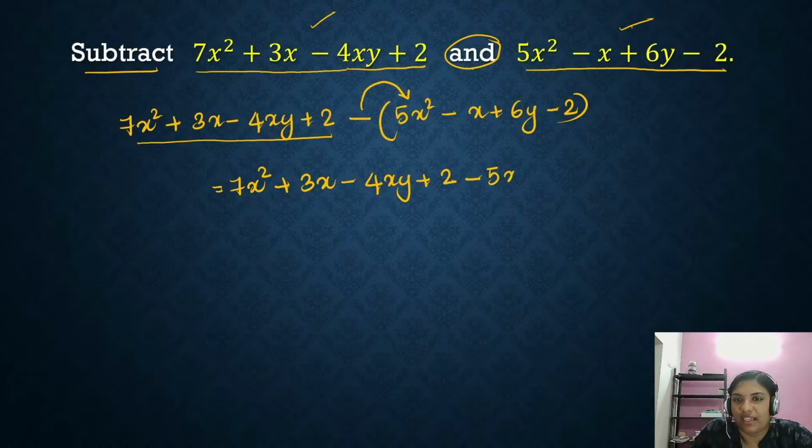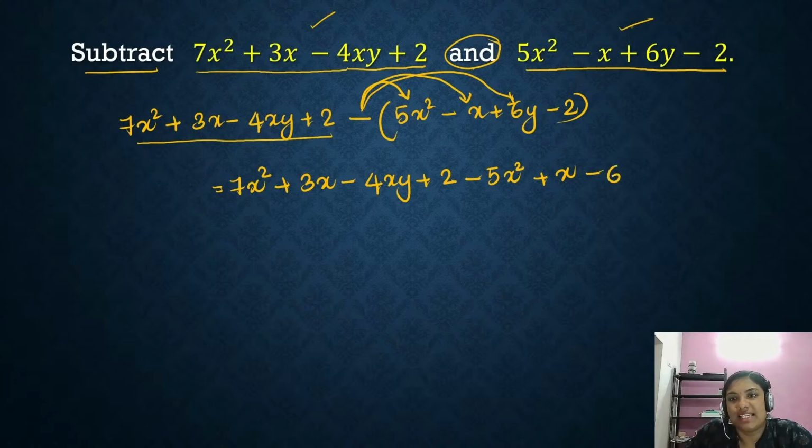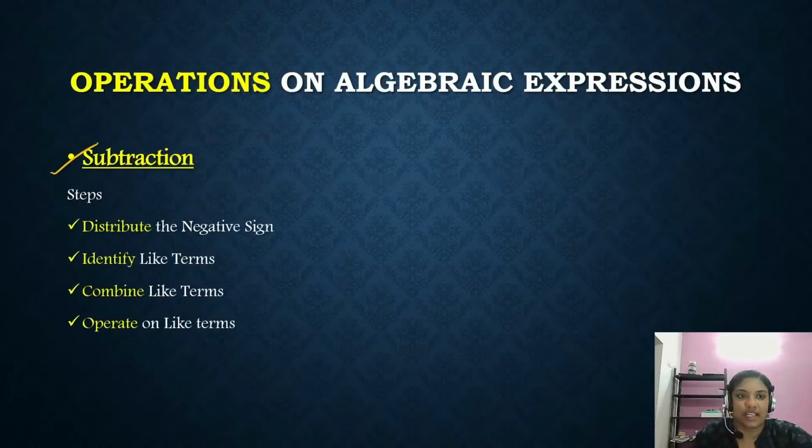Minus 5x square. Now, minus into minus x, what will be the answer? Plus x. Now, minus into plus 6y, so minus 6y. Now, minus into minus 2, that is plus 2. So we have distributed the negative sign. So the first step is over.